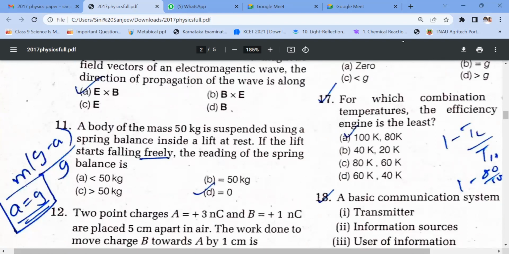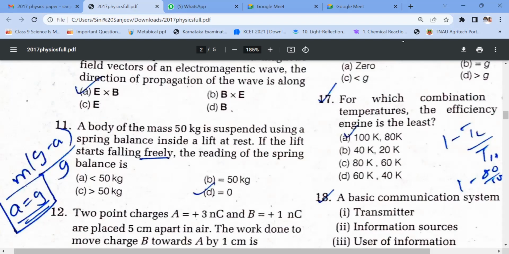11th one, let me see. So it will be 0, so it won't have any.